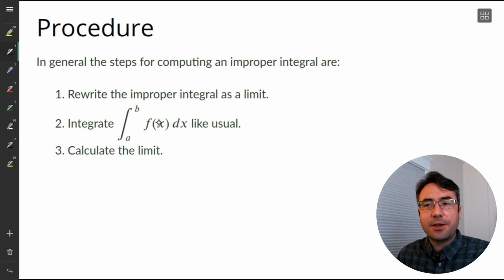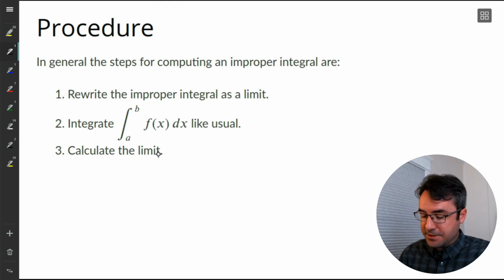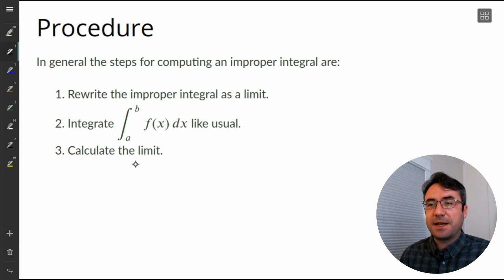Once we go through the evaluation there, we're going to calculate the limit as b approaches infinity. And so next time, we'll have a nice little review for these limits at infinity, now that we see it's going to be something we're going to be working with quite a bit in the examples here. So being able to calculate those limits at infinity is going to be important. But that'll be for next time.